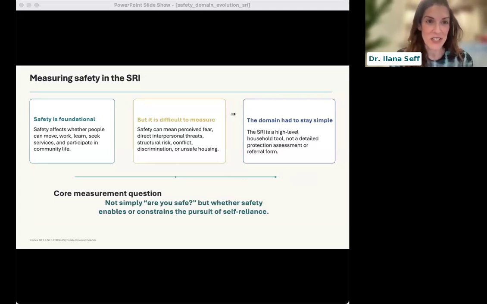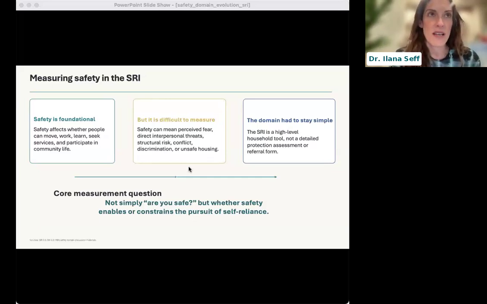It's challenging to measure, and ideally, we would have a number of questions to really capture the range of safety experiences that someone is experiencing, how they're impacting different people in the household, how that's impacting different people in the household's ability to be self-reliant. But the SRI is a high-level household tool, and so we needed to balance these nuances with safety and also the purpose of the SRI, which is that it really can't be that complex.